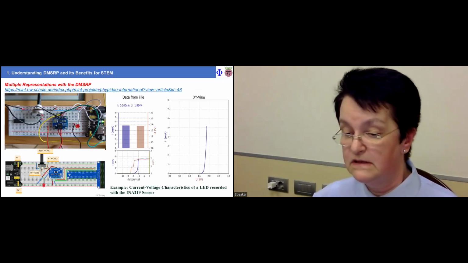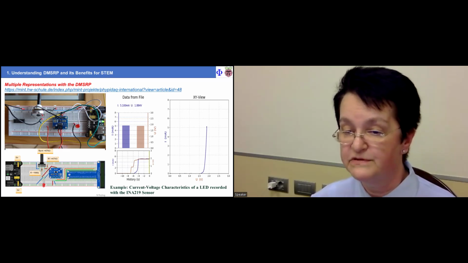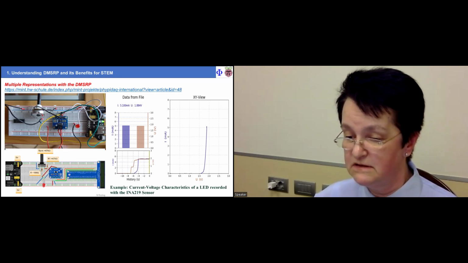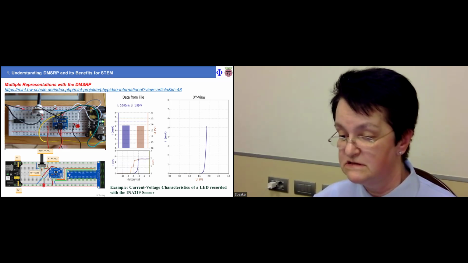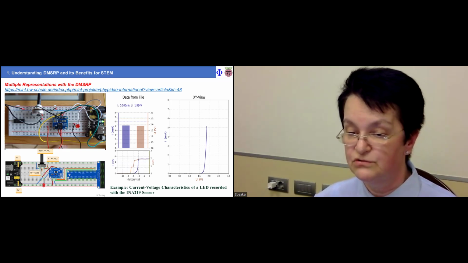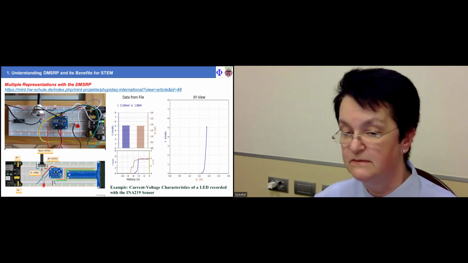Here I have an example of multiple representation with DMSRP. For instance, to obtain the current-voltage characteristic of a LED recorded with a current and voltage sensor, the students start by choosing the suitable electric and electronic components.